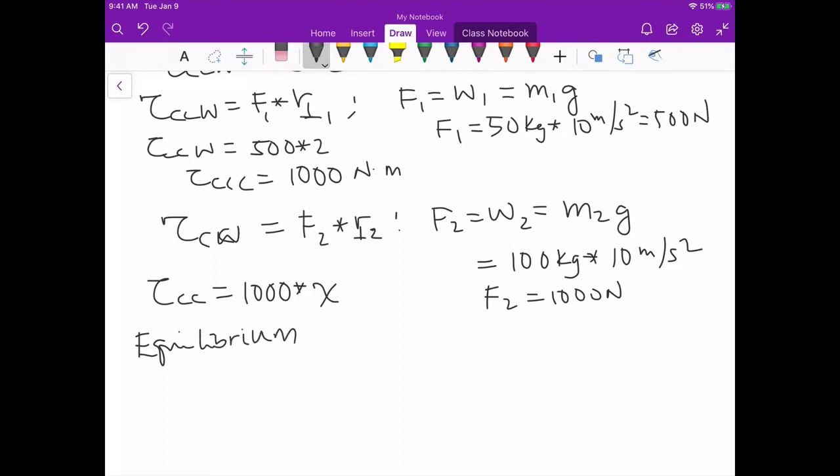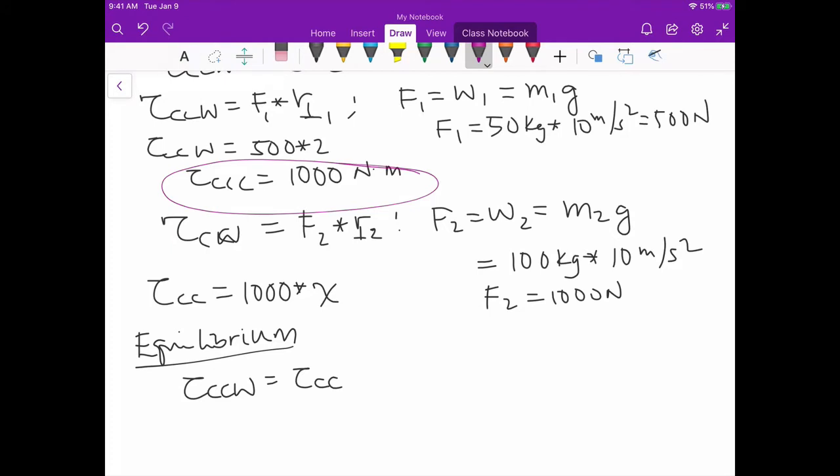So as we said, torque counterclockwise equals torque clockwise. Now torque counterclockwise is already calculated as this value, remember? So then 1000 equals torque clockwise, which is 1000 X. Then to isolate X, what do you need to do?